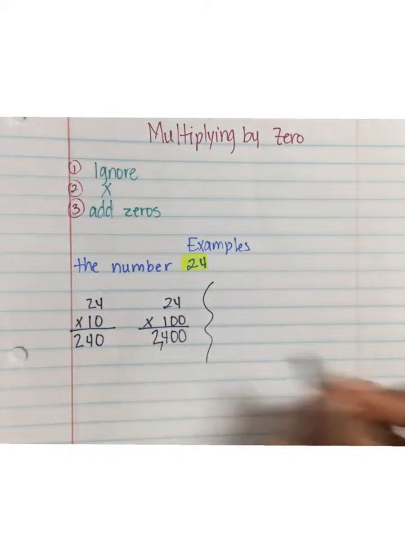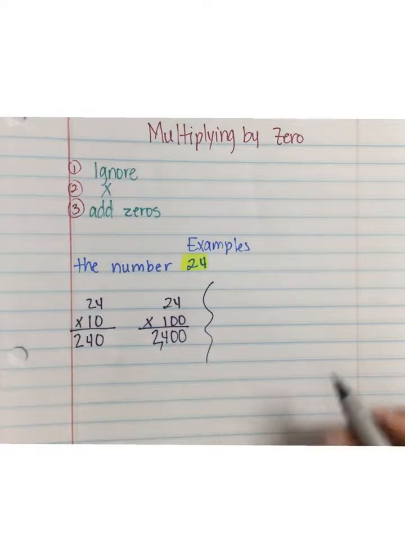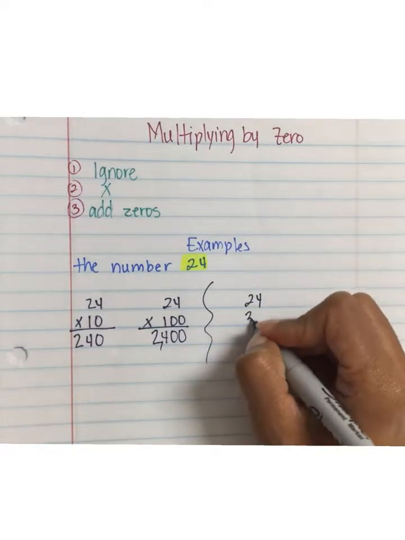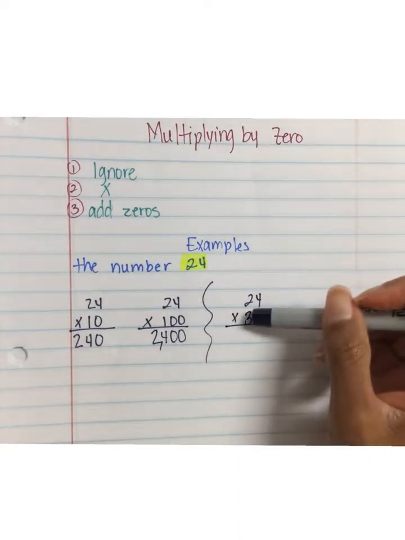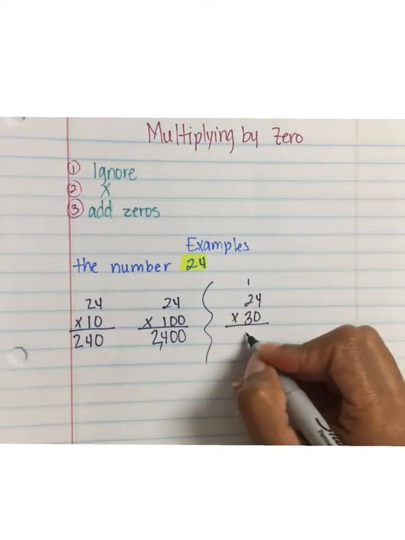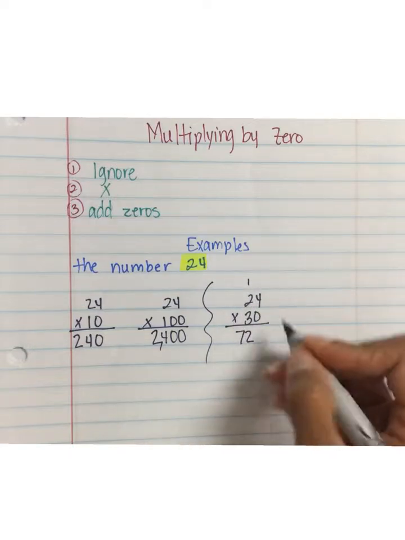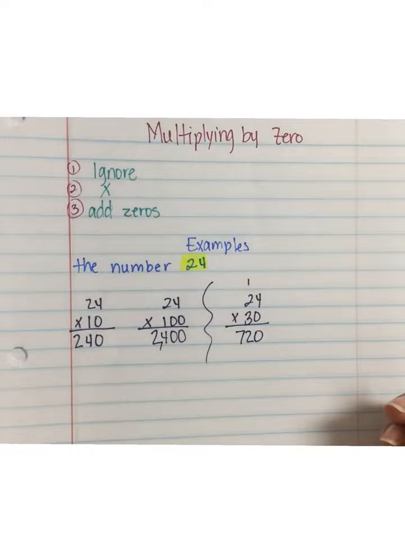Now, what happens if instead of 1 every time I have a different number there? For example, what if I have to multiply 24 times 30? I'm going to ignore my 0 and multiply 3 times 4, 12. 3 times 2, 6 plus 1, 7. And I only have to add 1 zero.